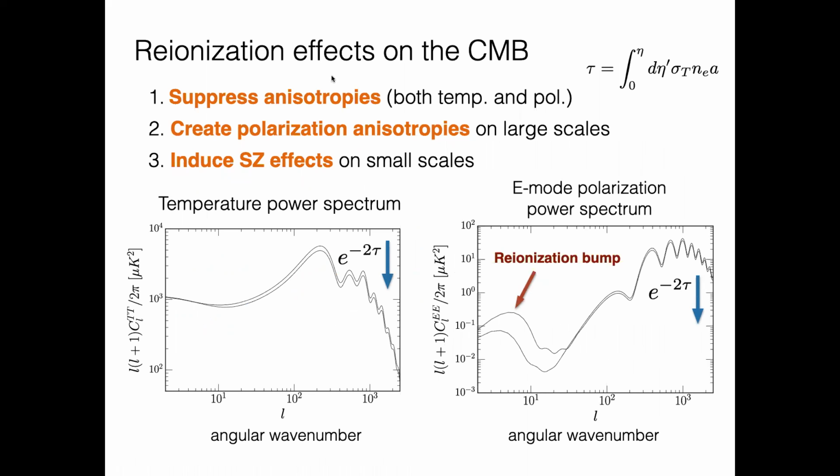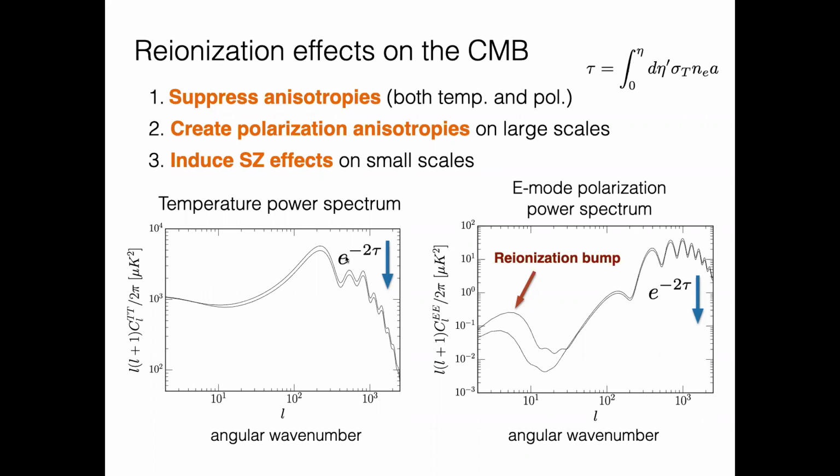So the effect of the reionization on the CMB power spectrum is, first of all, it suppresses anisotropy. You can imagine as photons go through, they scatter with those free electrons on the way, and scatter in random directions. So that suppresses the original anisotropies that we would have seen, both in the polarization and the temperature.